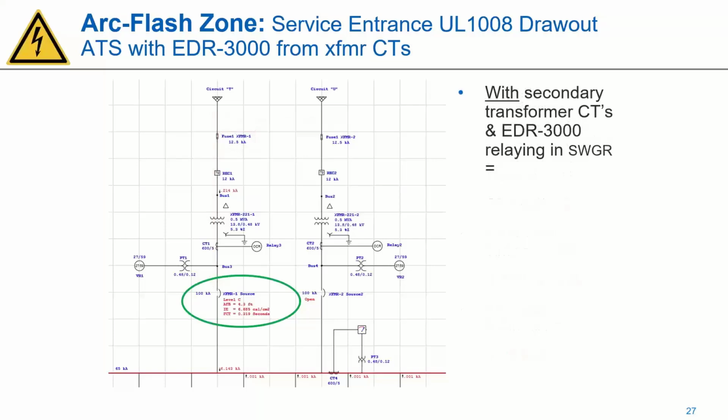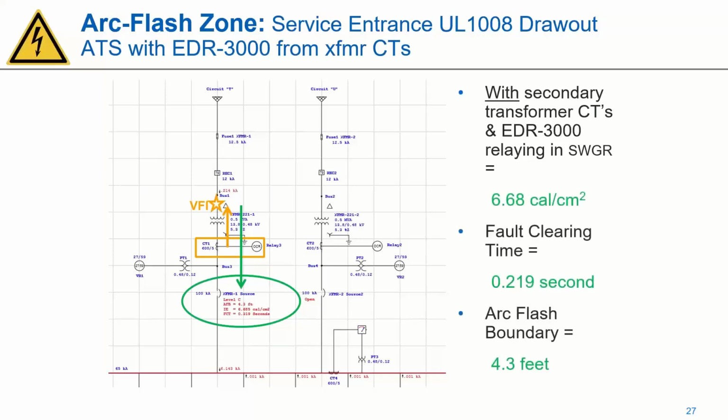And now we're going to be considering that vacuum fault interrupter, the VFI in the transformer, along with the secondary CTs and that secondary relaying scheme to protect it instead. All right, so that fault is sensed by those CTs much quicker compared to just the upstream fuses doing all the work. And I'm trying to get this to load. Here we go.